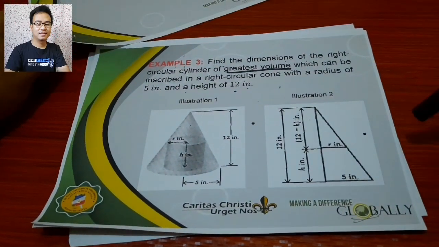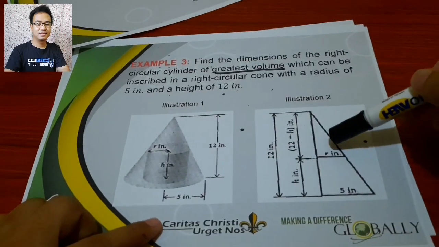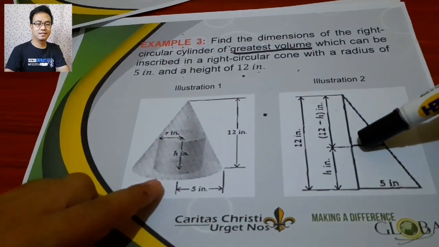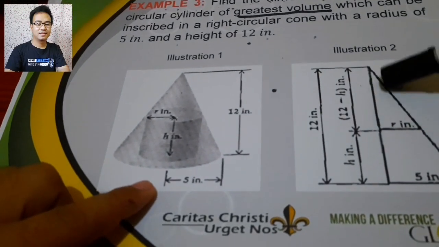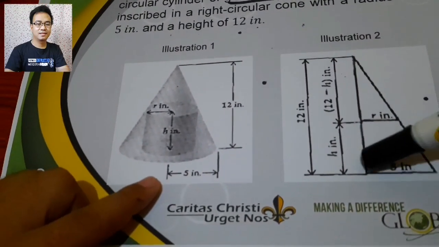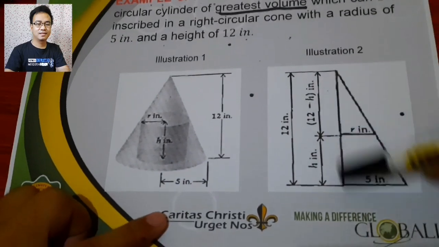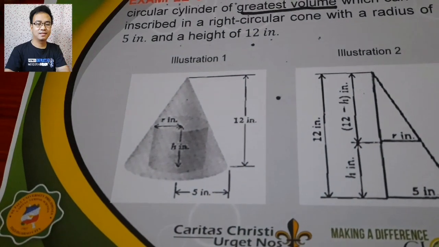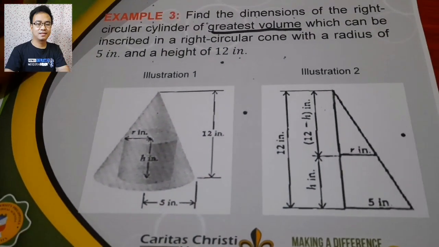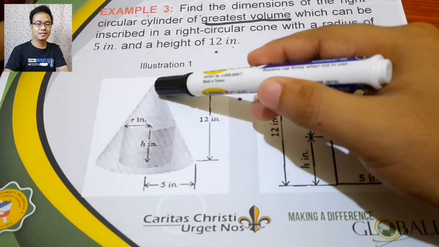We can actually find the relationship between the radius of this small triangle out here and the radius of this larger triangle. Pero mamaya natin gagawin yon. Ang una natin gagawin is that let's study the illustration number 1.